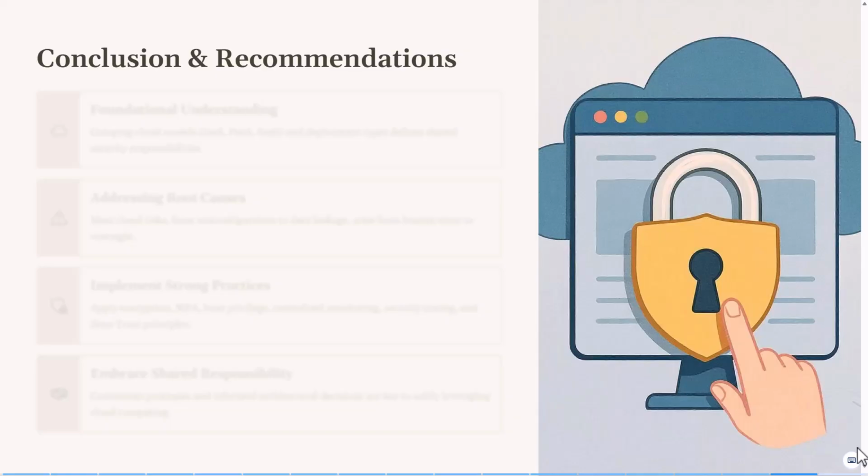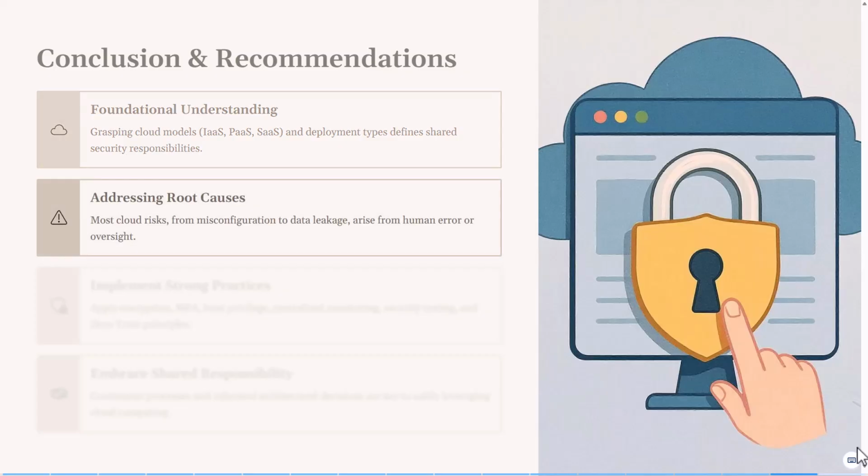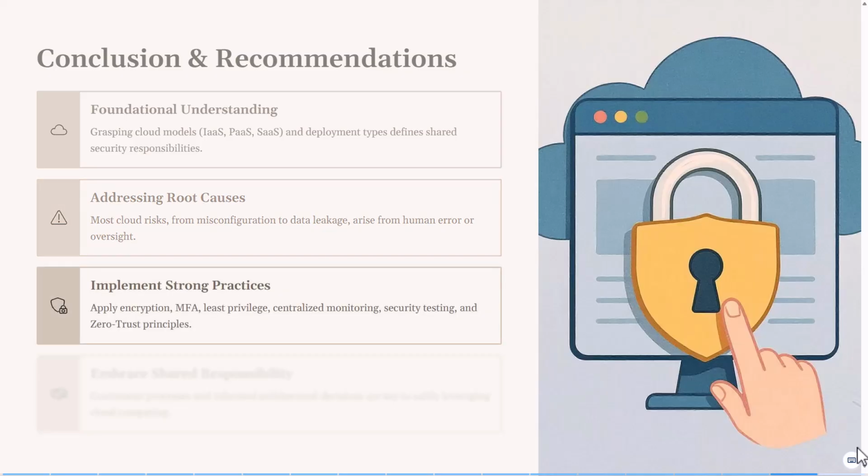Conclusion and recommendations. Cloud computing brings speed, flexibility, and lower cost. But it also brings new security challenges because cloud environments are shared and constantly changing. By understanding cloud service models, deployment models, and the shared responsibility model, we can avoid many risks.